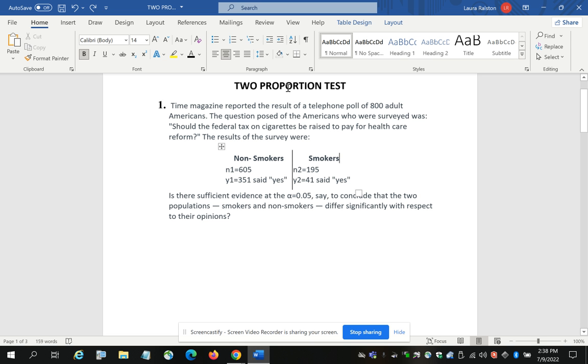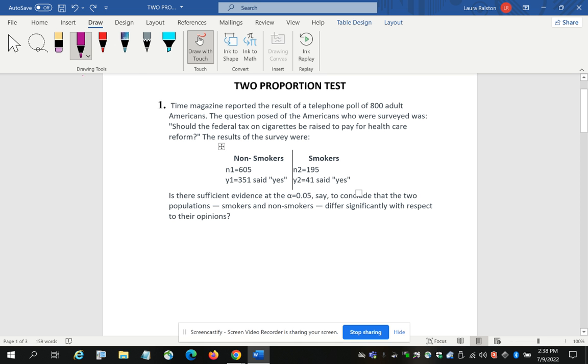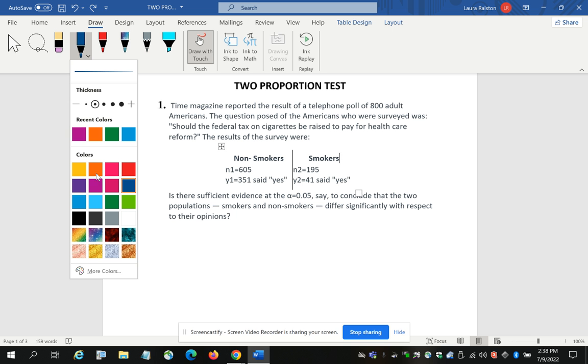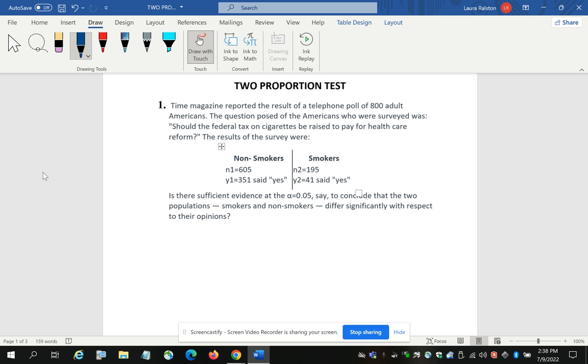Okay, so again, the first thing we have to think about is stating our hypotheses. So, as always, you still have a null hypothesis and you're going to have an alternative hypothesis. The null hypothesis will always, in some way, contain equal, and the alternative is the exact opposite.